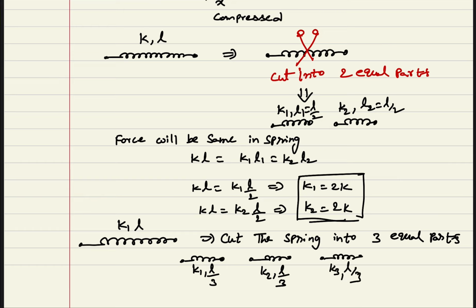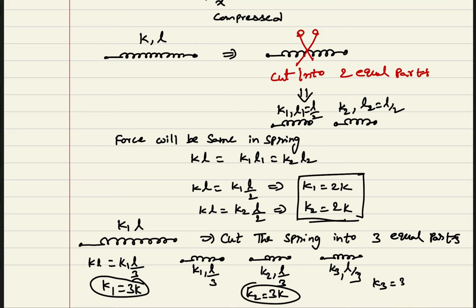As per our relation, as F is constant, we can say that K into L is equal to K1 into L by 3. So we can write K1 is equal to 3K. If K1 is equal to 3K, K2 also 3K, and K3 also 3K. These are the spring constants. You can observe the spring constant values carefully.